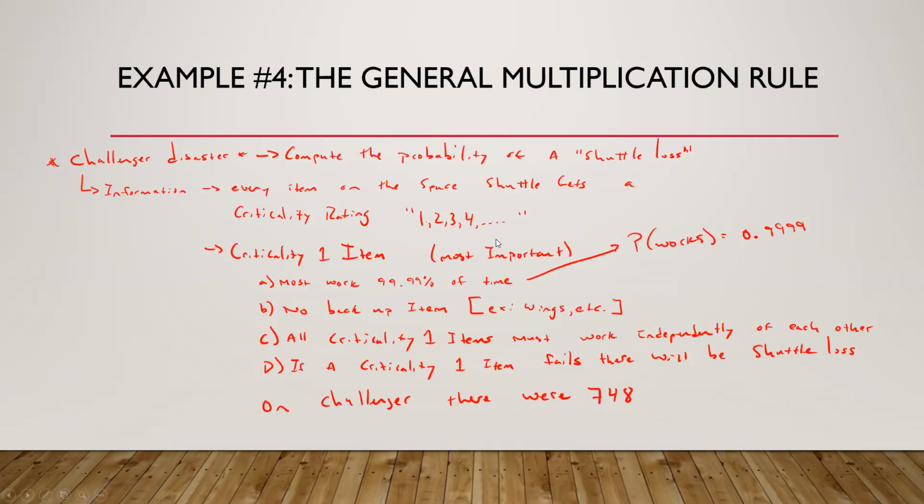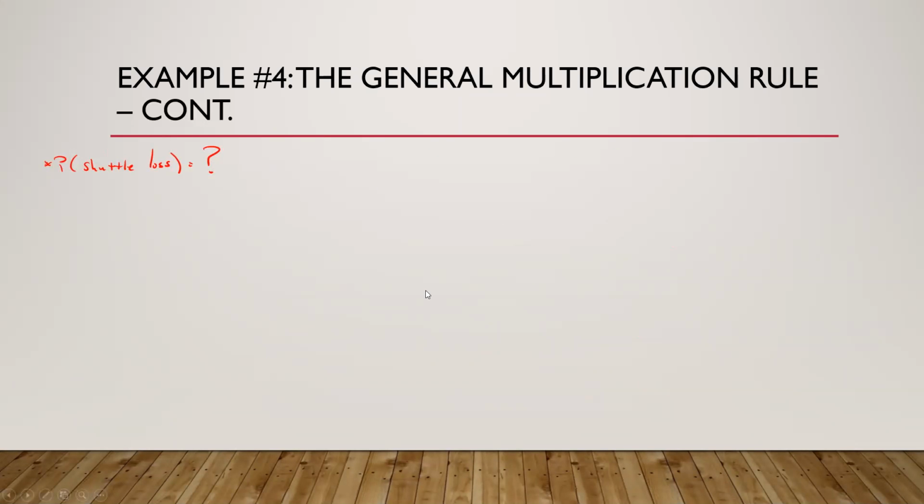So let me go back. What is all that it takes for the thing to fail? Melissa said it. All it takes is one. All it takes is one of these criticality 1 items to fail and the shuttle's a loss. But let me ask you this. If 2 criticality 1 items fail, are they a loss? Yep.